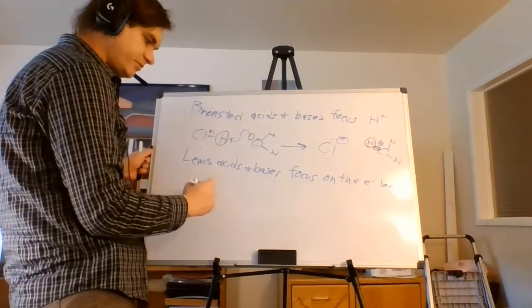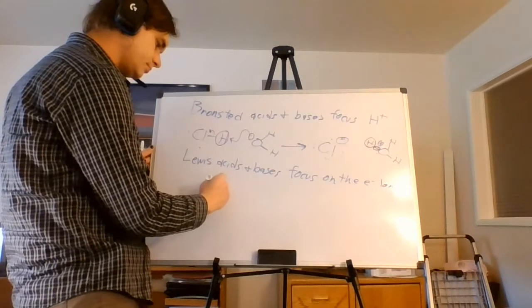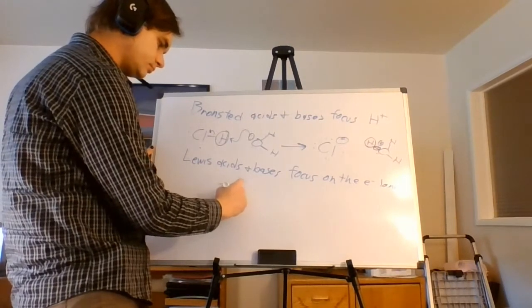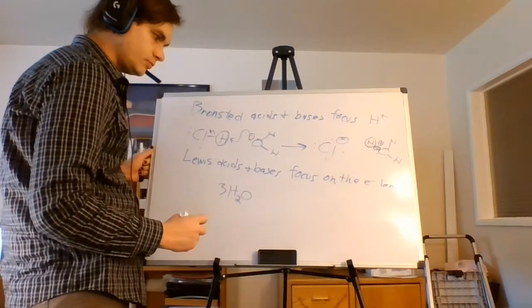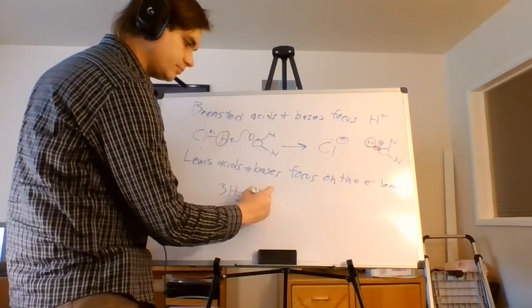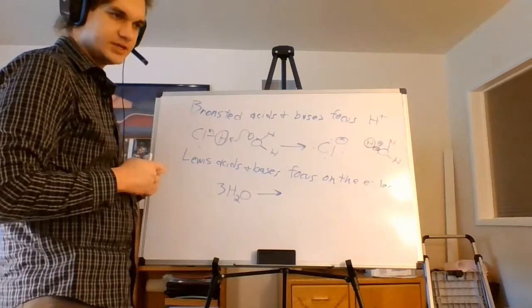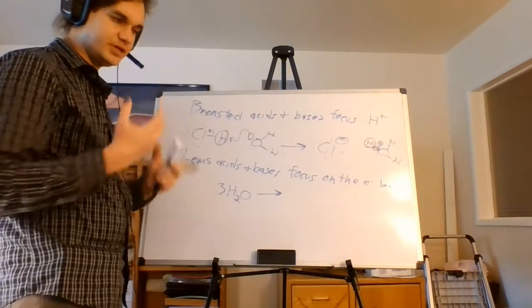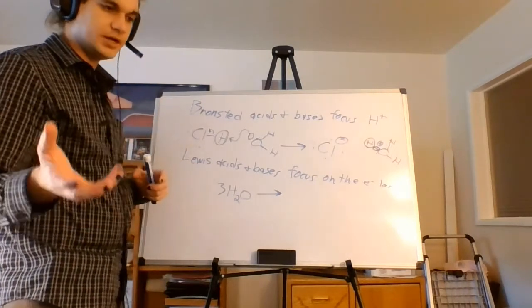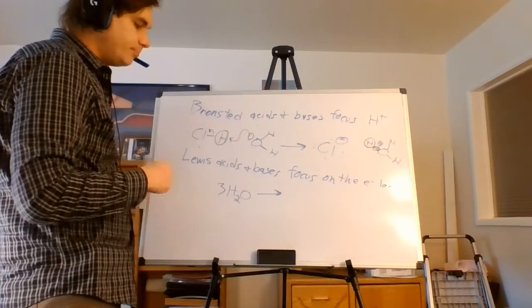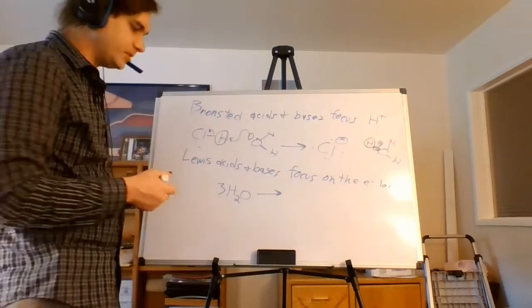If you have water molecules, and they're just kind of by themselves, there's a very, very low chance that they will split each other apart, and you'll get a hydronium and a hydroxide. But that doesn't usually happen.